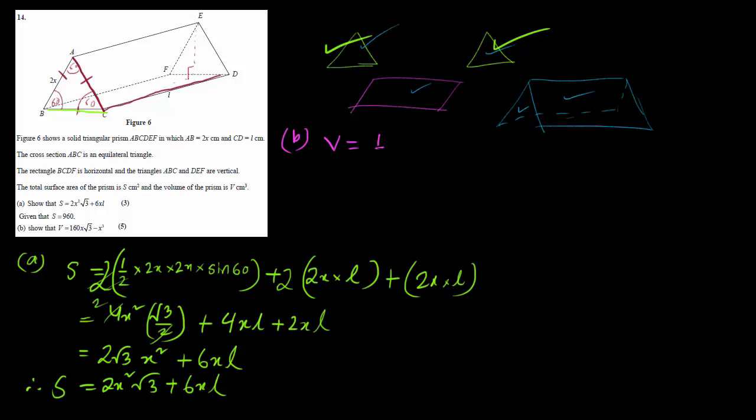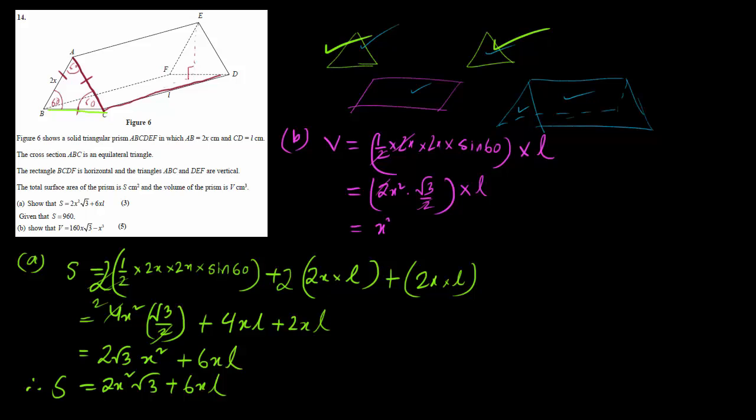So it's going to be half AB, twice x into twice x into sine theta, which is sine 60, area of cross section into length. Length is going to be L. So this 2 and this 2 cancel. This is going to be 2x squared into root 3 by 2 and multiplied by L. So this 2 and this 2 cancel.